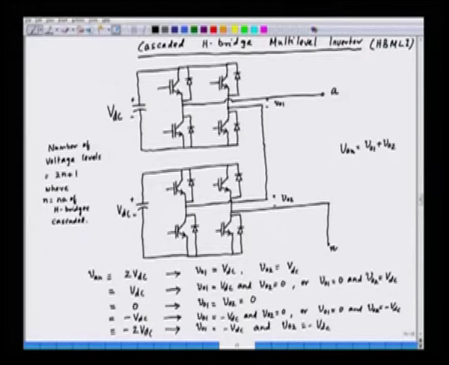Now, this is actually also employed in many drive systems, but the main problem is this, that whenever we have such kind of inverters, we need to have independent DC voltages. In fact, for this situation we would require 2 VDCs. So if you have 3 H-bridge inverters, you would require 3 VDCs.